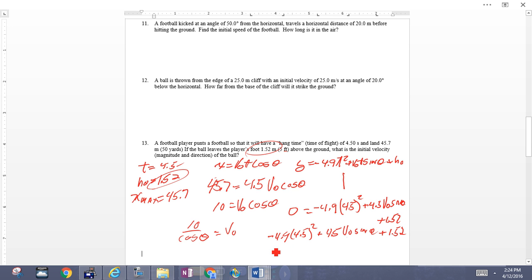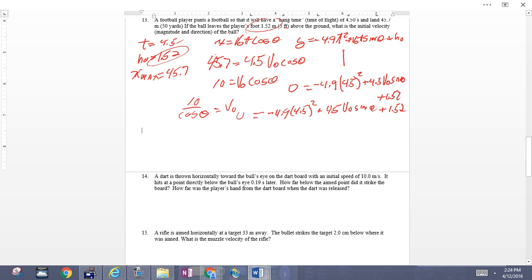So I'm going to get these values figured out. This is, of course, now equal to 0. So my problem remains at this point. We'll come down here. V0 is 10 over cosine.